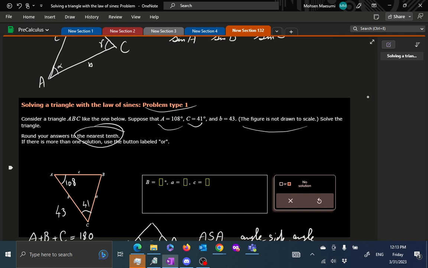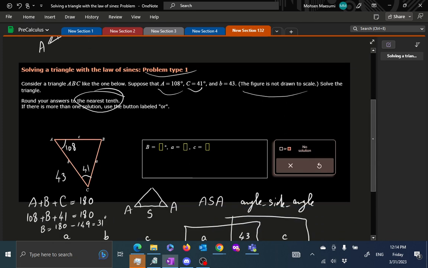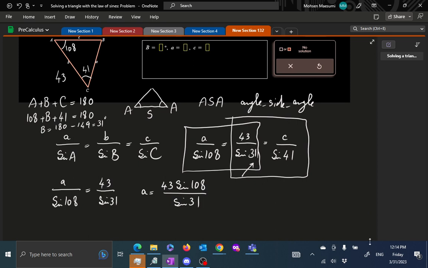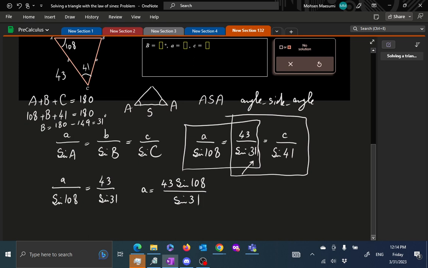You see at the bottom it says if there's more than one solution, separate them with this or, and if there is no solution, then you enter that one. We are going to come to those issues later on. In the case of ASA, you always have just one solution and you just go ahead and find it. So from this other equation, you do the same thing.